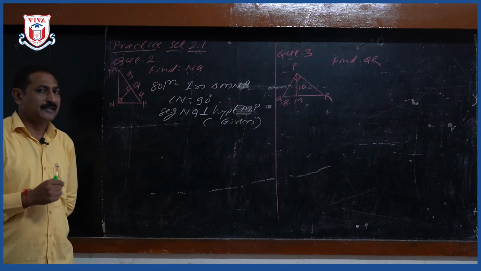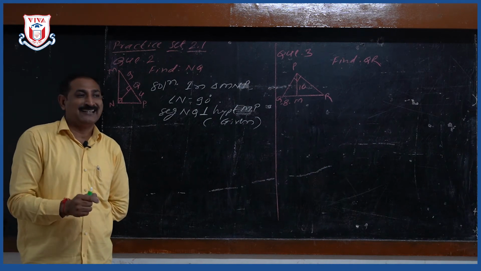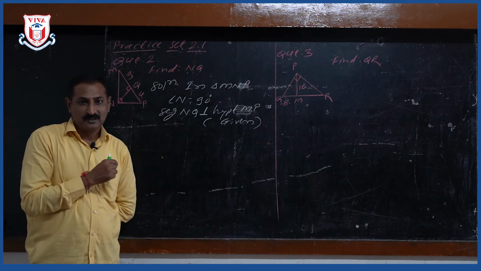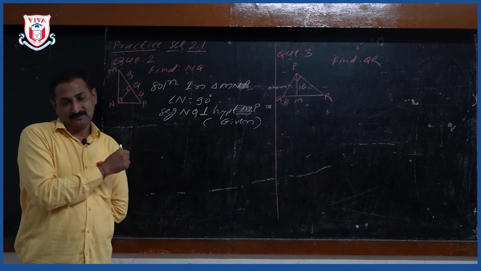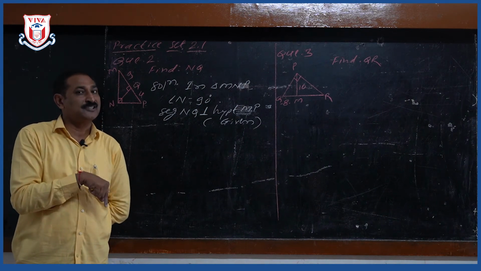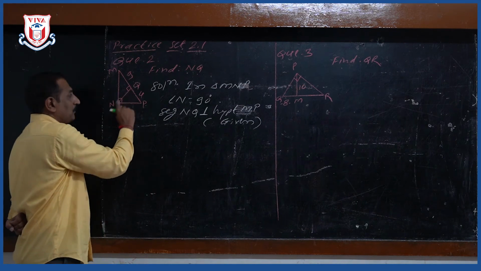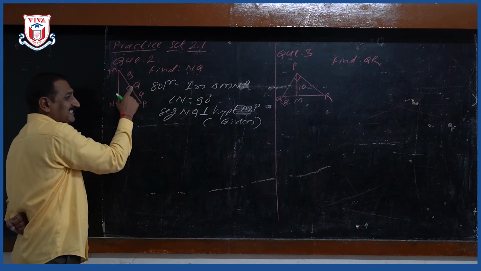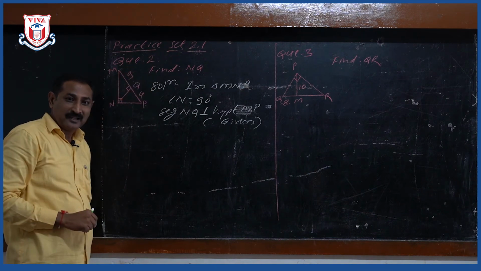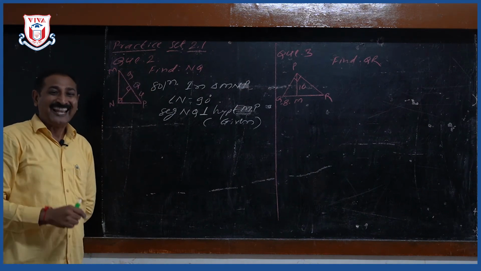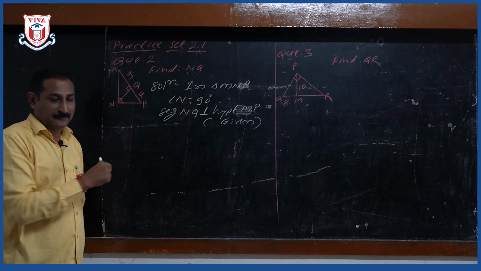You studied the similarity and right angle triangle theorem. Again, the theorem of geometric mean. Which theorem do you use here? NQ, you find here, means this NQ is the geometric mean of MQ and PQ. Hence, you use the theorem of geometric mean.